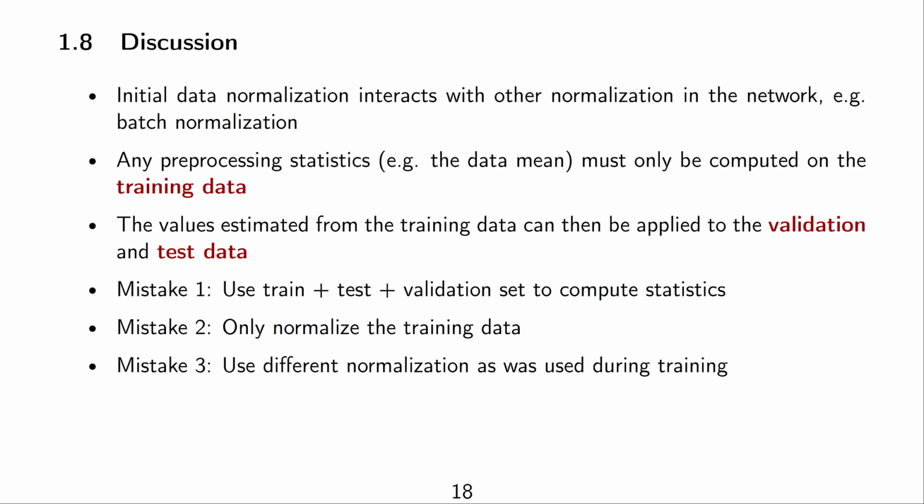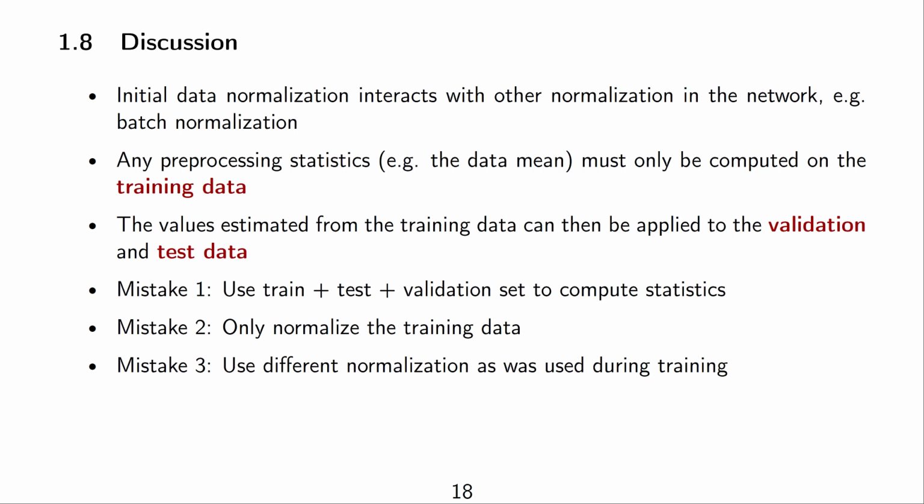The values estimated from the training data can then be applied to the validation and the test data. So you do have to normalize, of course, the input, validation, and test data. You're just not allowed to use this data to compute statistics. So the first mistake then would be to really compute the statistics on all the training, testing, and validation data.